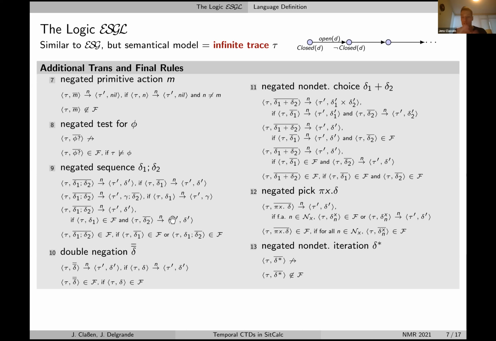And again, don't read all these rules. It's just to show you that there is a definition in terms of these rules.